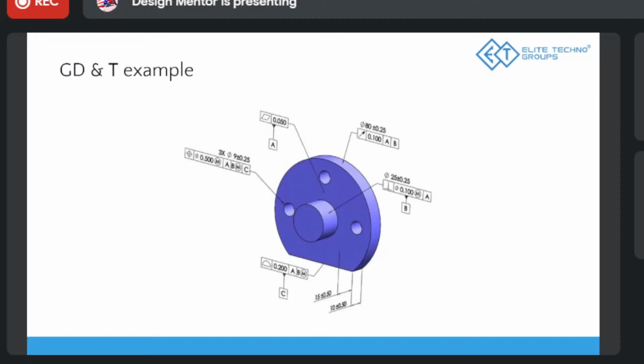Sir, is thermal expansion directly affecting tolerance? No. You don't consider that in the drawing. You consider it while designing, when you're actually selecting the material. So that is in the design phase. This is where you're conceptually drawing things.